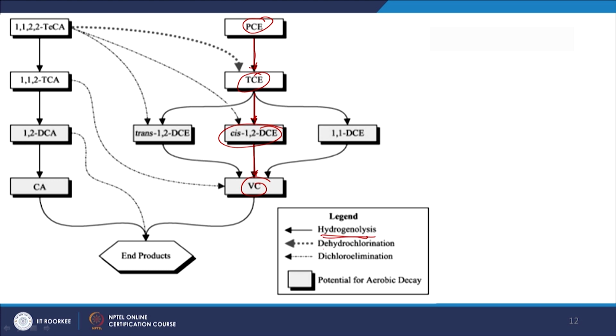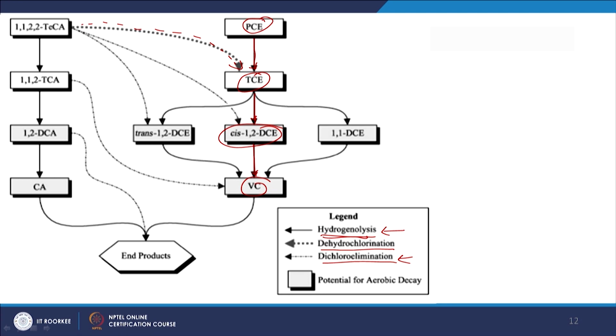In other cases we have dehydrochlorination and dichloroelimination. We also have a transformation from 1,1,2,2 TeCA to TCE, trichloroethene, and what else.